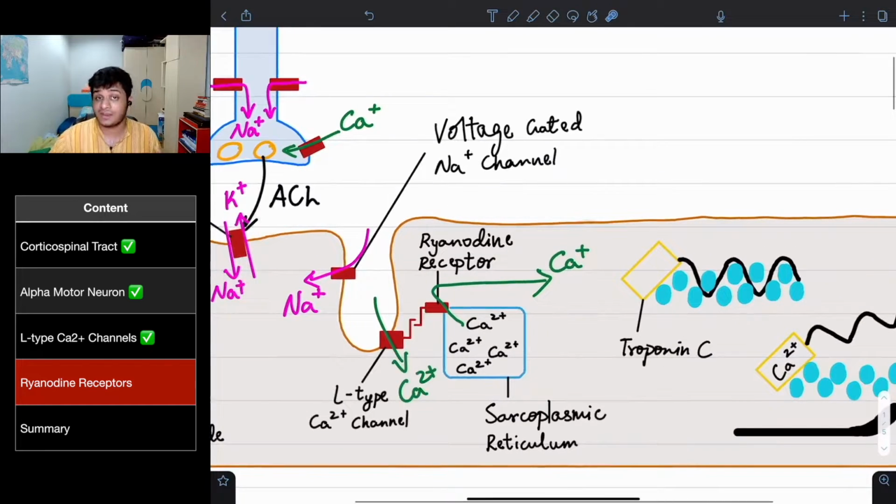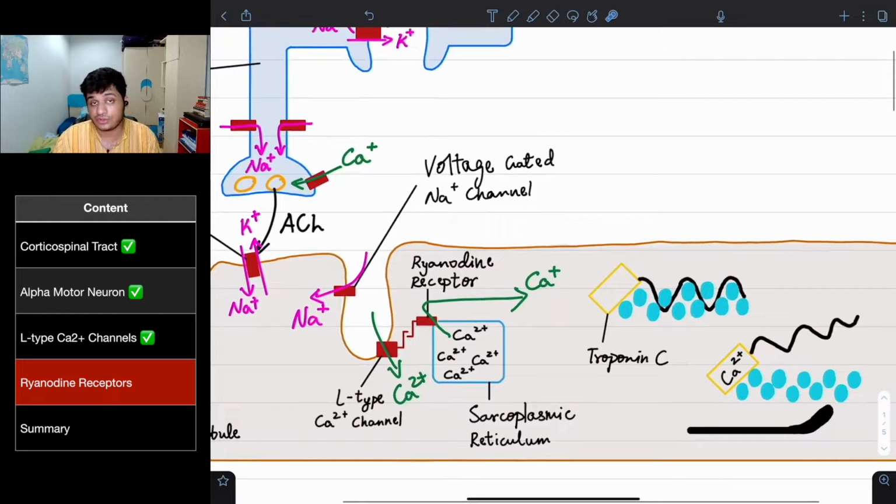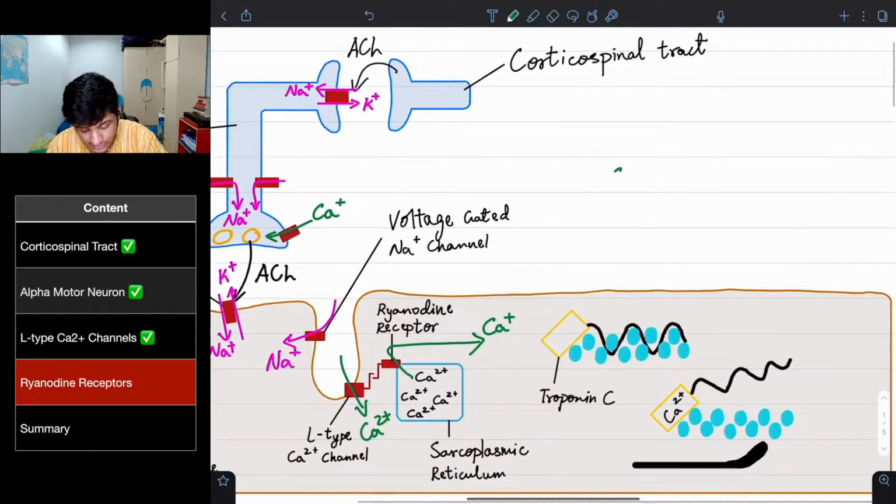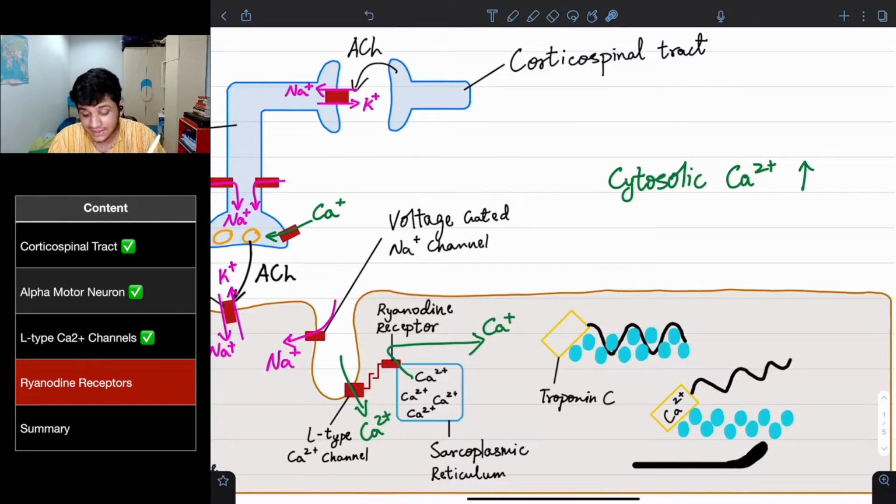So we can say the cytosolic calcium ion concentration increases. What does that mean? Cytosolic Ca2+ ions means the concentration of calcium ions in the cytoplasm. It increases.